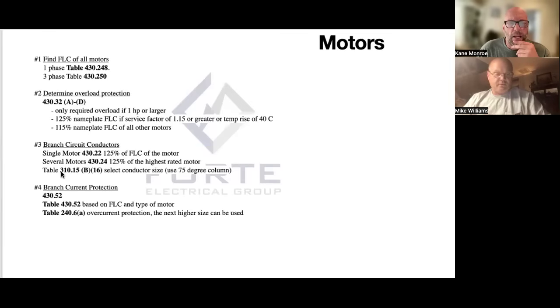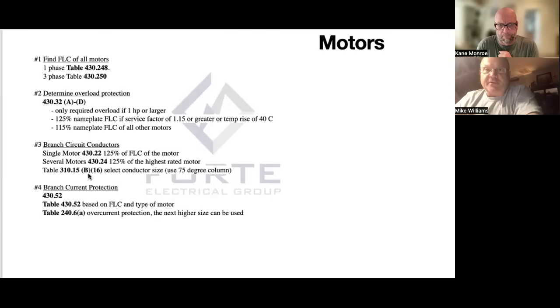And then you take it and go to 310.15(B)(16). So 430.22 is the code that's telling you to take 125% of a single motor. We went over that in the beginning. Yeah, and this is step 3.